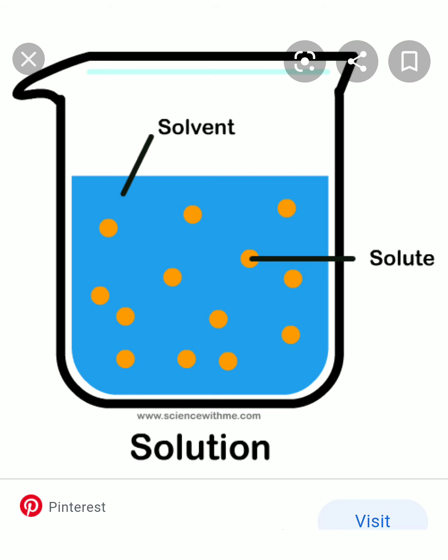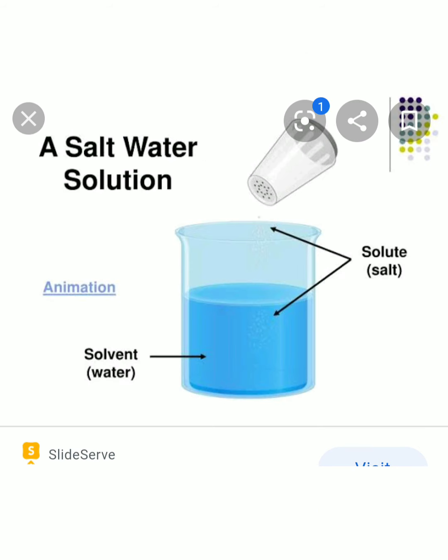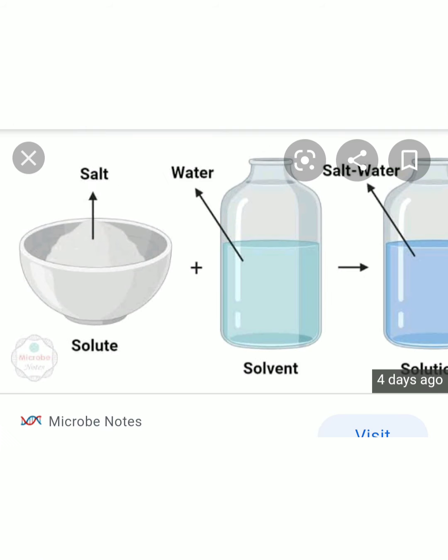The substance that dissolves to form a solution is called a solute. So in salt solution, salt is the solute, and in sugar solution, sugar is the solute. The substance in which the solute dissolves to form the solution is called the solvent. In salt solution, water is the solvent. In sugar solution, also, water is the solvent.